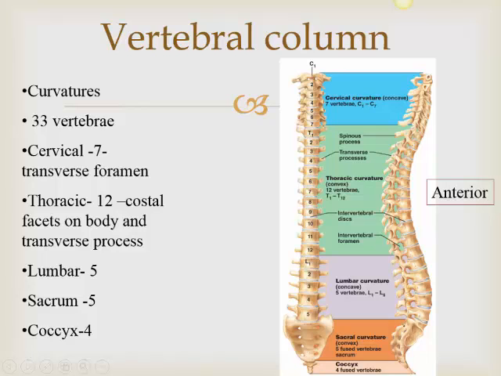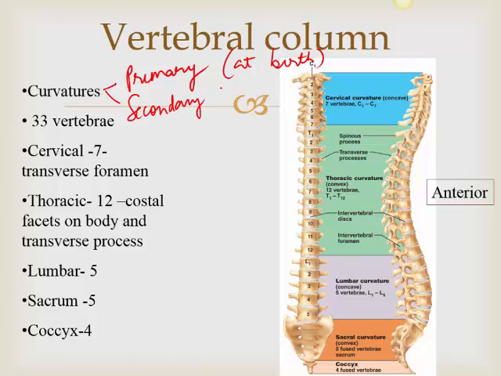These are called curvatures of the vertebral column. So there are two types of curvatures. One is known as a primary curvature, which is present at birth. That means the child is born with this kind of curvature. The next one is called a secondary curvature, which is after birth.